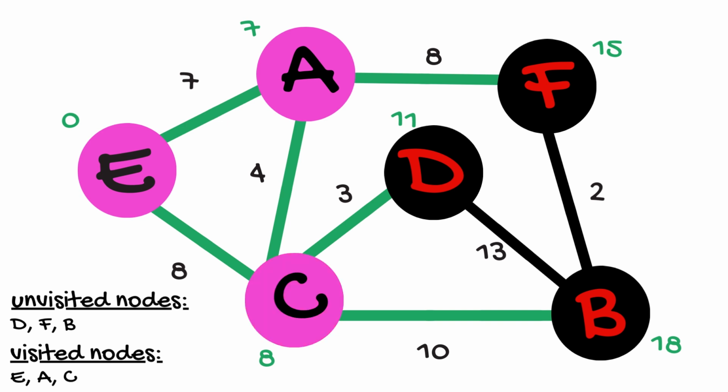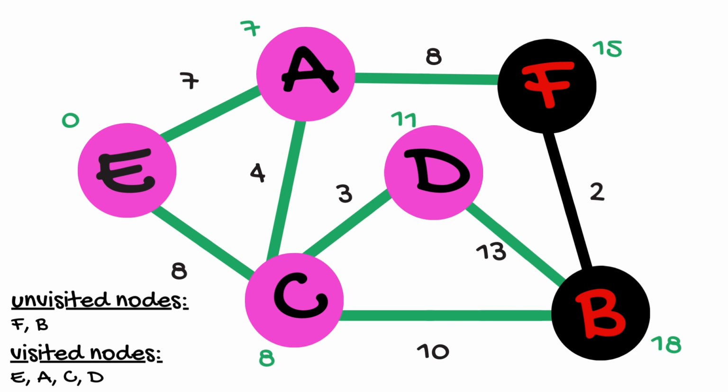We update the distances and C has now been visited. Now we pick node D and repeat the previous process yet again. We can't update our distances of nodes C and B, so we've just visited node D, and you'll find a lot of the time that we aren't necessarily going to be updating nodes' distances. That's not always going to happen.